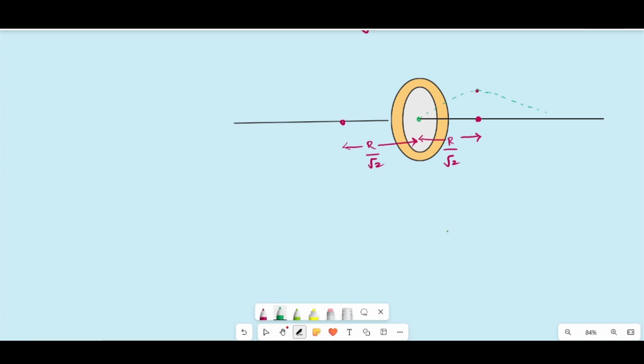In a similar manner, you can see the variation here: it is a maximum at this point on the graph, and finally somewhere here it becomes 0. So the electric field at a distance r by root 2 is maximum. This is the variation of the electric field along the axis of the ring. So what is the maximum value?